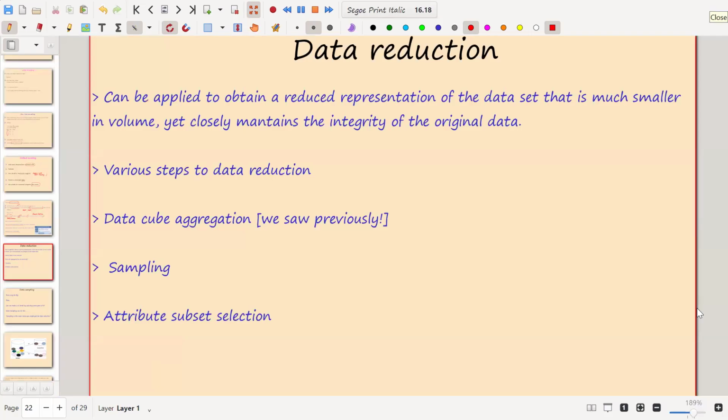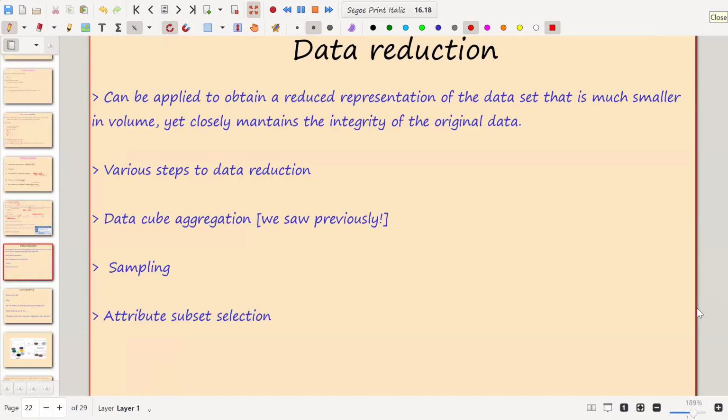Anyway, so it can be applied to obtain a reduced representation of the dataset that is much smaller in volume, yet closely maintains the integrity of the original data. If you eliminate data elements from your dataset, it doesn't mean your dataset is reduced. The reduced dataset should follow the same or similar pattern as the original dataset.